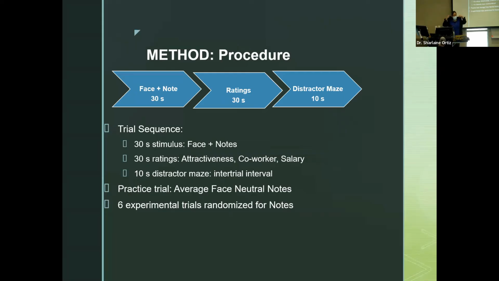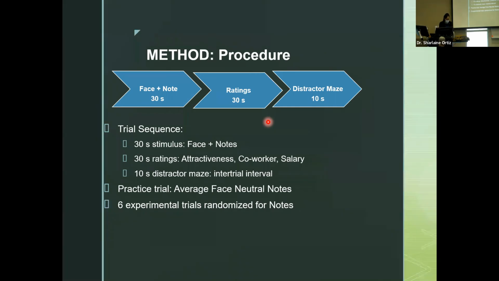Notice that their procedure, we're going to split in 3 parts, right? What was the process? What did they do? Notice that here they would have the face plus the notes, right? Remember that we had a total of 9 notes. Then they moved into the process of rating. And the last section was a distractor maze, right?